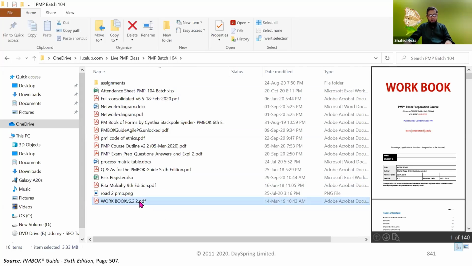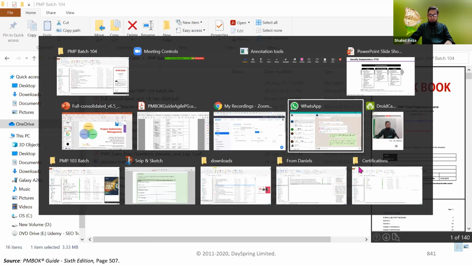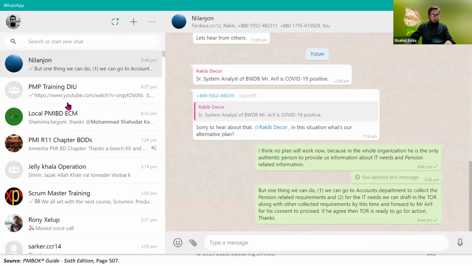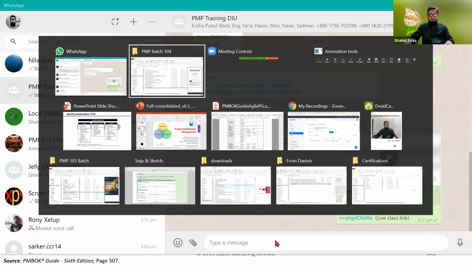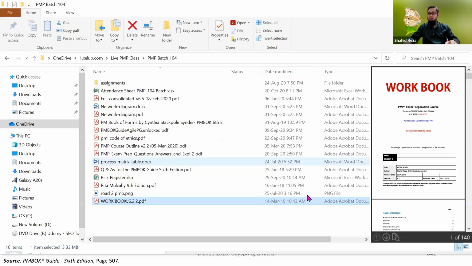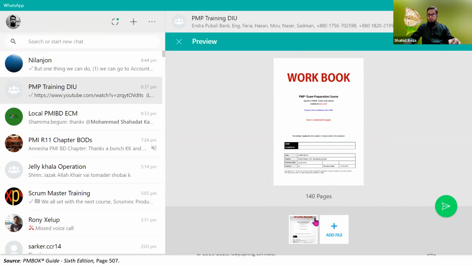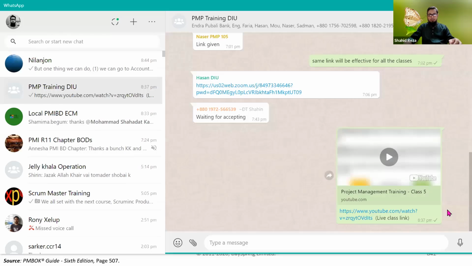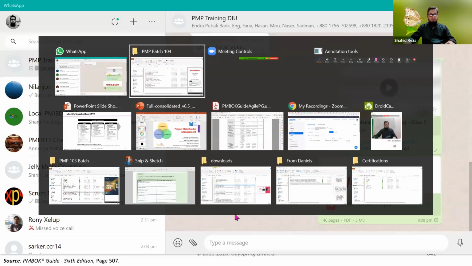So I am attaching this book, providing this in the WhatsApp so that you can download it, because I will follow this workbook in some classes. This is the workbook. You will see a lot of exercises in this workbook. This is 140 pages. So please download that book from WhatsApp.